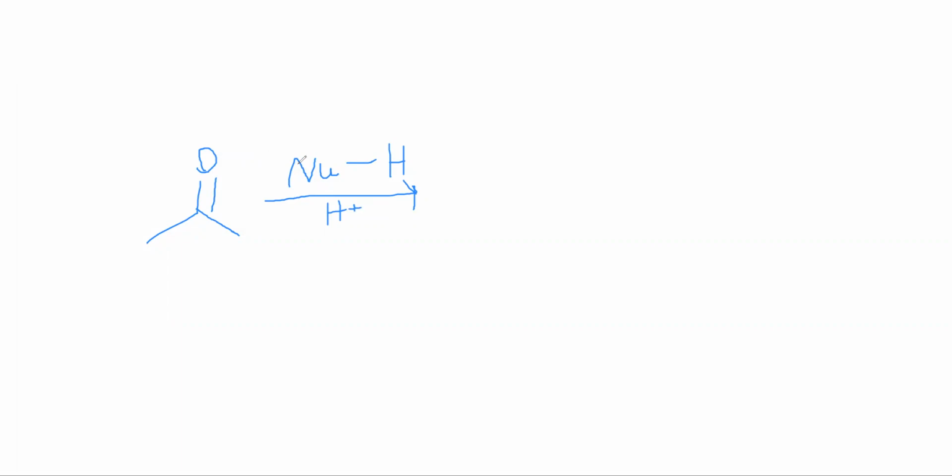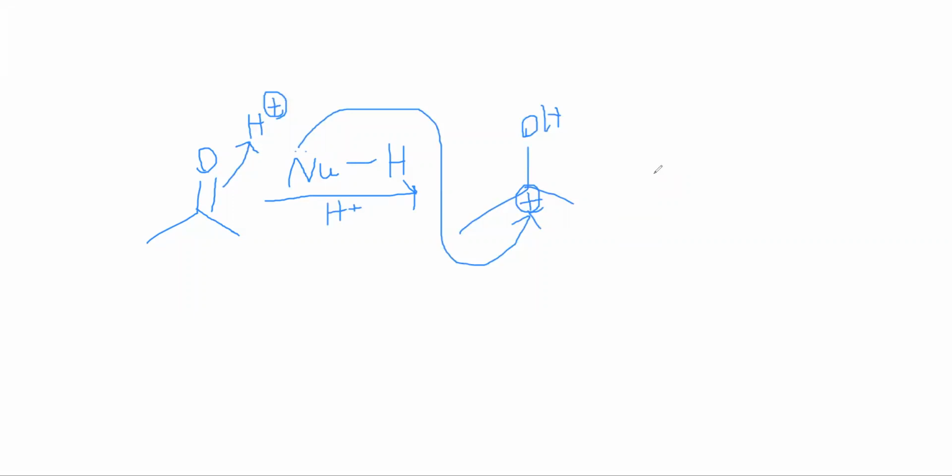Because the nucleophile is weaker, it can't just directly attack the carbonyl carbon like I just showed with the other mechanism. So the way this starts is by protonating the carbonyl oxygen. That's going to make the carbonyl carbon a better electrophile because it puts a positive charge on that. And now this weaker nucleophile can come and attack the carbonyl carbon.